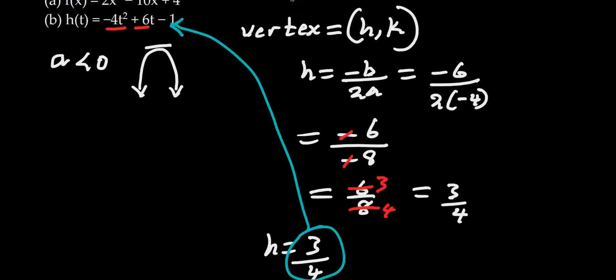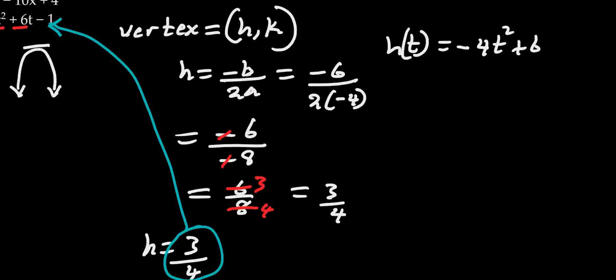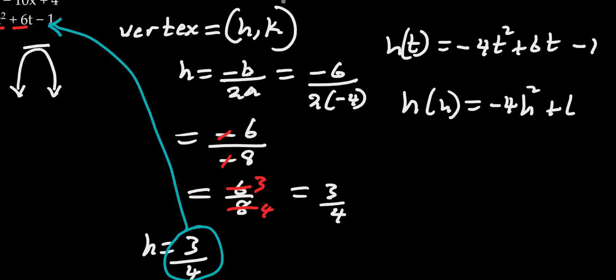All right, so if we do that, then the function h of t equals -4t squared plus 6t minus 1, we automatically change to h of h equal -4h squared plus 6h minus 1.